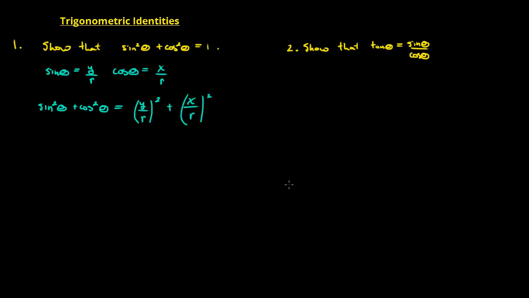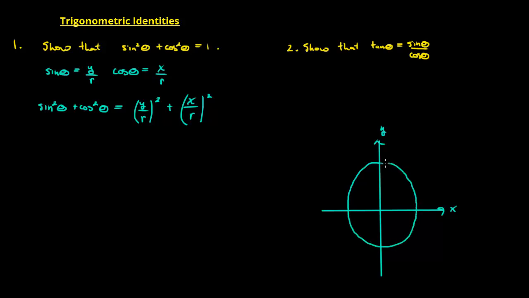And let's think about what this actually means. Well, suppose that we have a circle, and it's drawn such that it's centered about the origin. Now that's not a very good circle, but let's just pretend that it is.